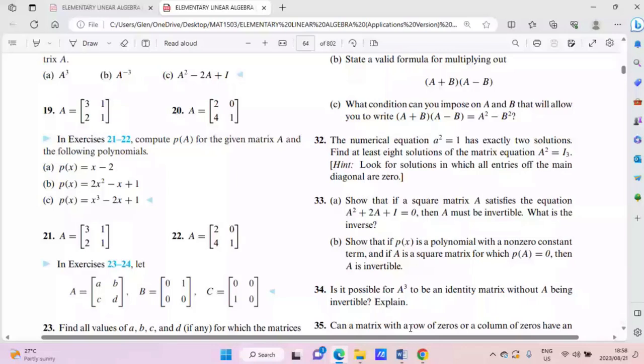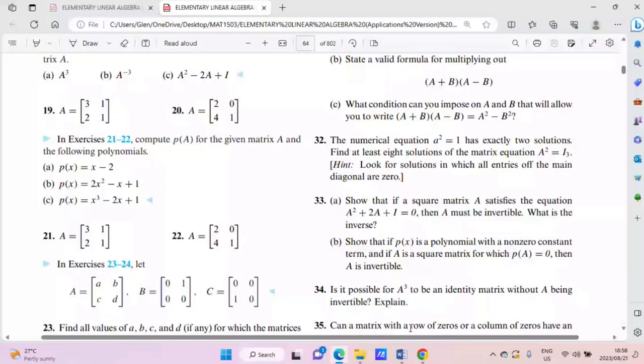Since we have the coefficient 2 for the first one, we multiply the coefficient with what we have inside. 2 multiplied by 2 gives us 4, 2 multiplied by 0 gives us 0, 2 multiplied by 4 gives us 8, and 2 multiplied by 1 gives us 2. Beautiful. Then negative: the second one, I'm just going to write as it is, 2, 0, 4, 1, and since 1 multiplied by the identity, we still have the identity.